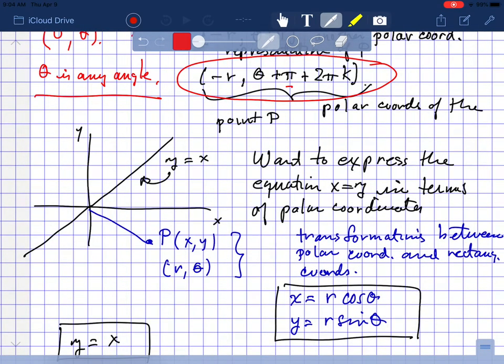If I look at our drawing up here of the line that's represented by the equation y is equal to x, I see that this angle in here is equal to pi over 4. And so any point on this line can be written in terms of polar coordinates where the angle happens to be pi over 4.